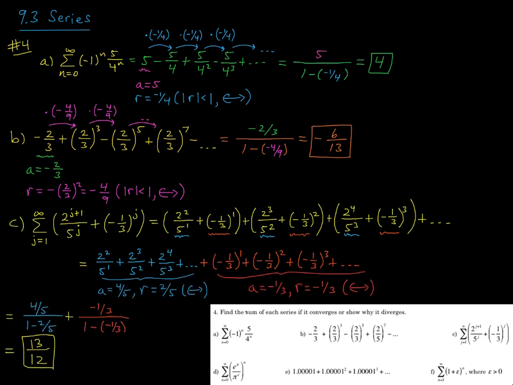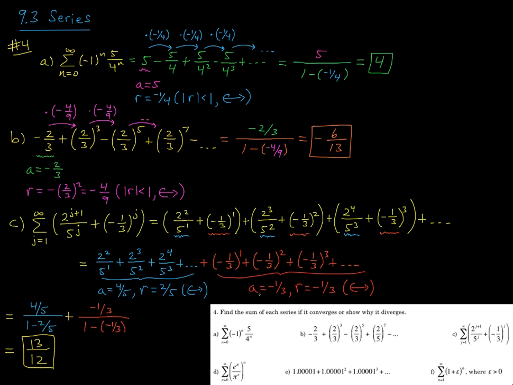All right, so now each one of these sums, these are geometric series, right? So for blue, the common ratio r is 2/5, so this is a convergent geometric series. First term a is 4/5. For the second series here in red, r is -1/3, so again it's convergent.